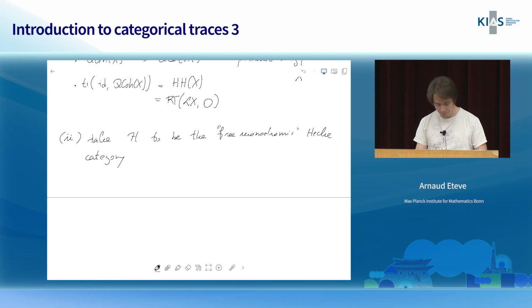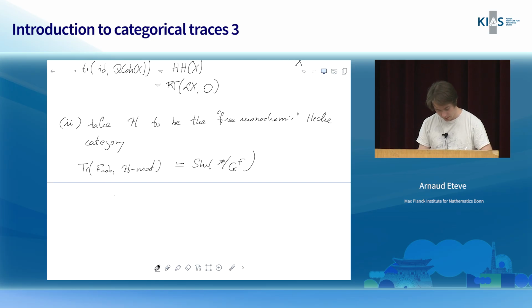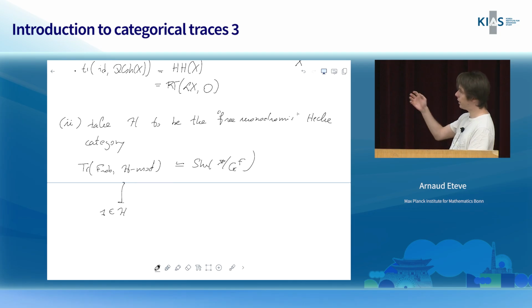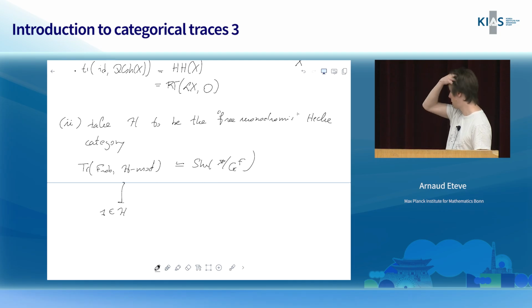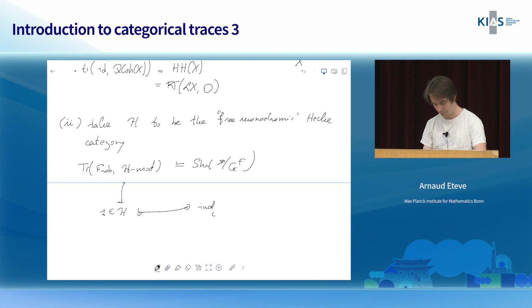Okay, and then the trace of Frobenius on H mod, as we said before, is sheaves on point mod GF. The image of 1 in H here, the Deligne-Lusztig variety attached to 1, is just the parabolic induction from the Borel, so it gets sent to the image of 1.